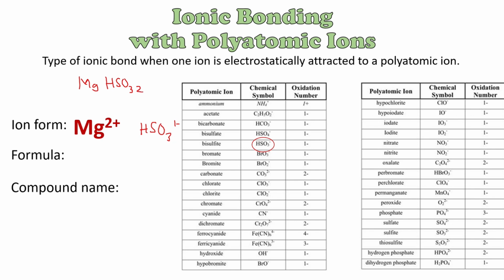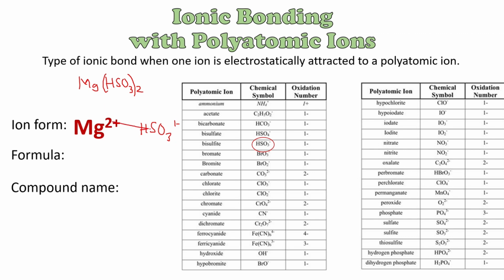Pero kung imo ra siya ibutang diretso dira, mahimo siyang HSO32, which is wrong. Because ang pasabutan ng 2, kailangan kaning grupuha, mahimo silang twice or kaduhaon sila. So, we need to put parentheses. Okay? Before you add the 2 during the crisscross.